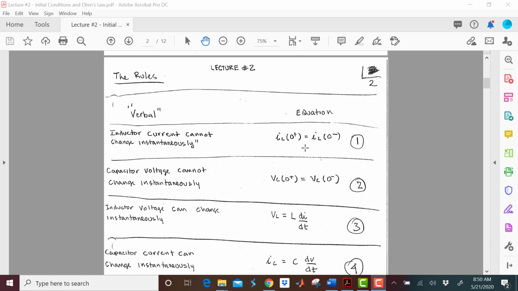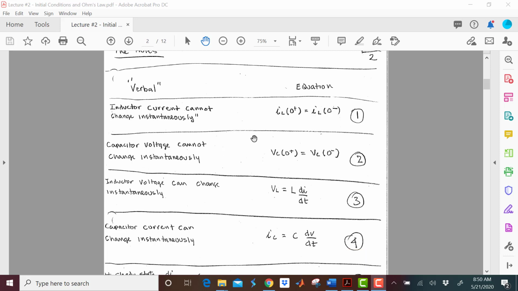When we make that topology change, the inductor current after the change is equal to the inductor current before the change. Now, that's only at time 0 minus and 0 plus, because of course, when the topology is changed, the inductor current is going to change eventually. But right at that instant when that switch changes, that current isn't going to change.